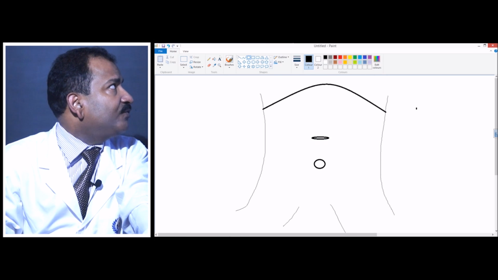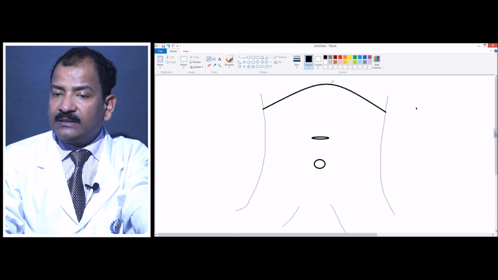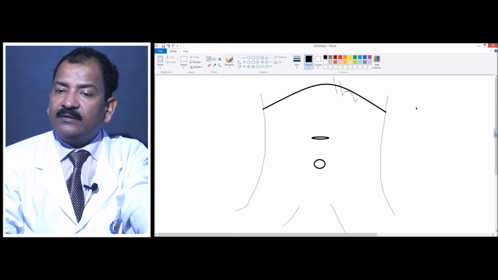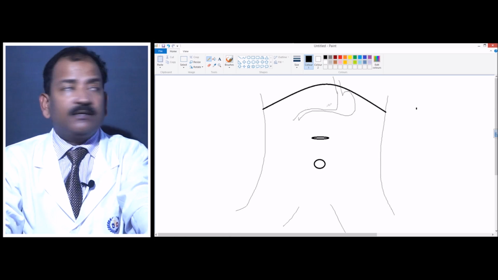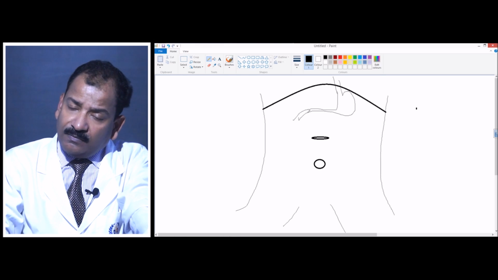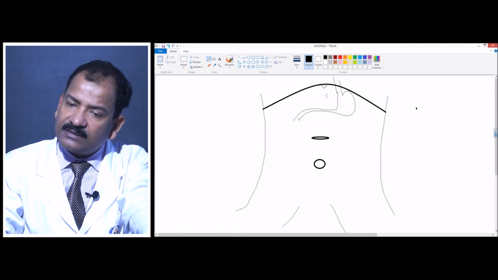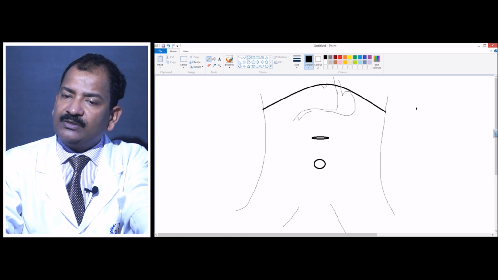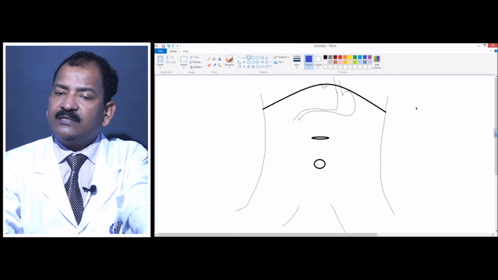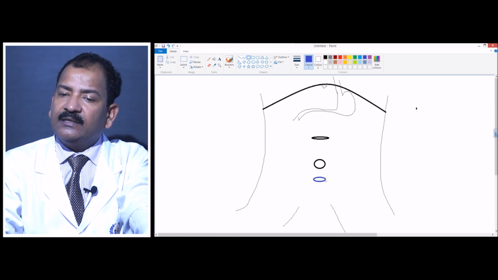The supraumbilical site is used for all the upper abdominal surgery, like fundoplication, gastric banding, and all the other bariatric procedures; there you will use a supraumbilical port. Ideally, it should be 22 centimeter below the xiphisternum. This is the distance. Another port is called infraumbilical, that is 3 to 5 centimeter below the umbilicus.